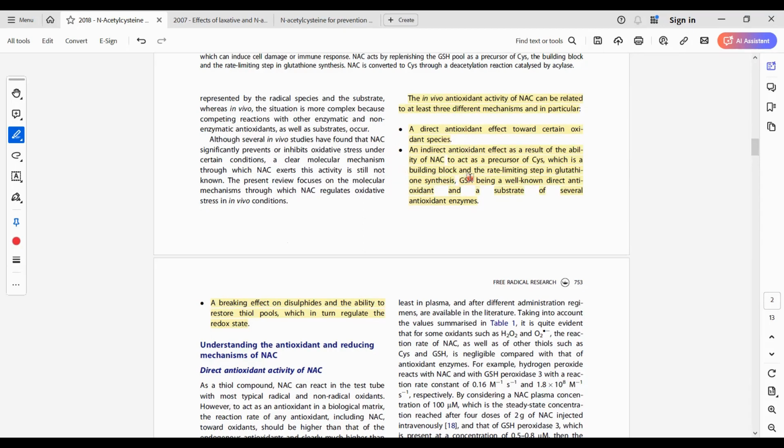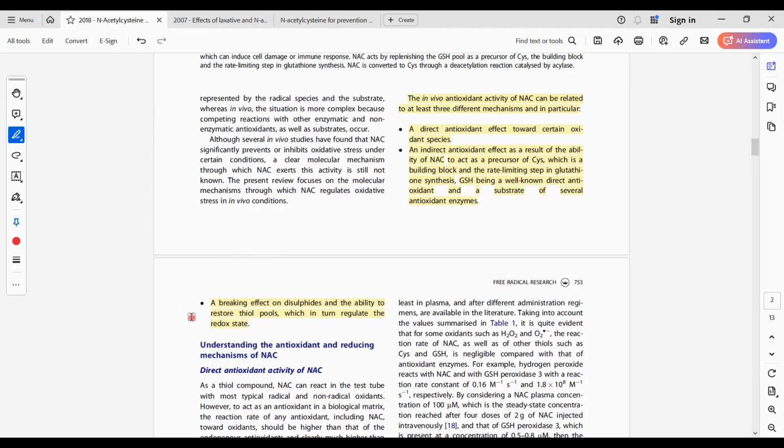You may notice here that the cysteine, which NAC is a precursor of, NAC is N-acetylcysteine, so it's delivering cysteine to the body. That need for cysteine is the rate limiting step in glutathione production. If you don't have enough cysteine around, you're not going to make glutathione. And so you're open to more oxidative stress and infection and poor liver detox and things like that.